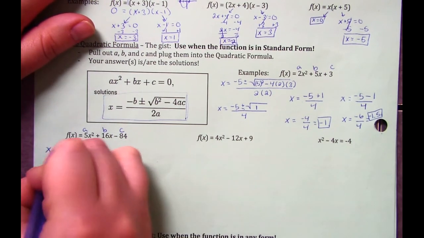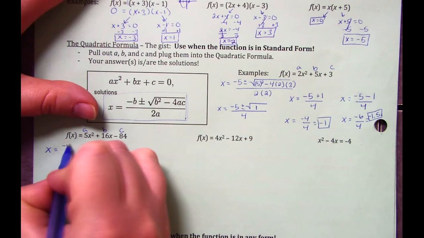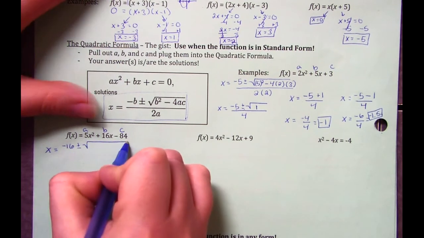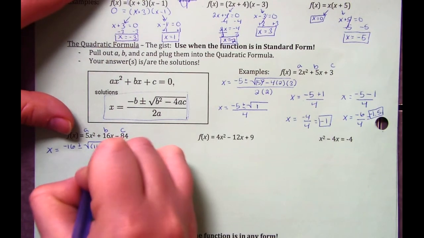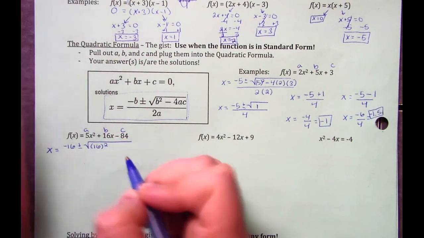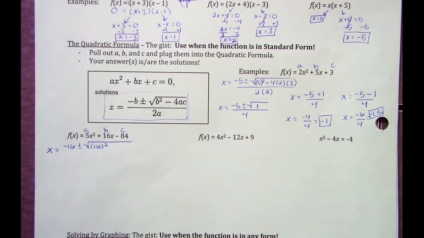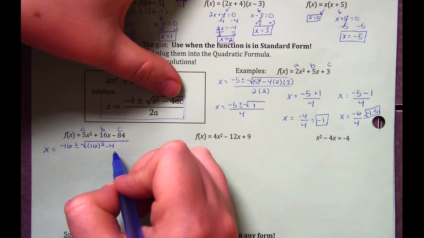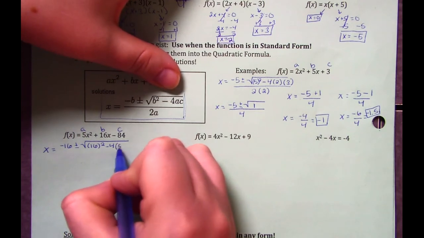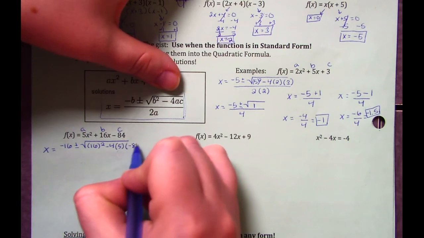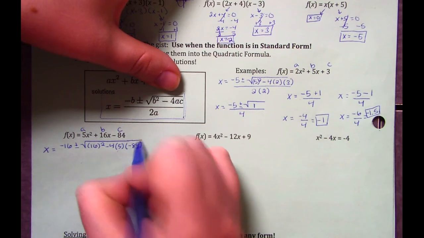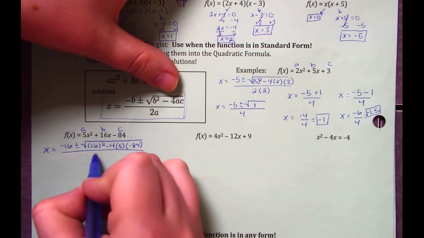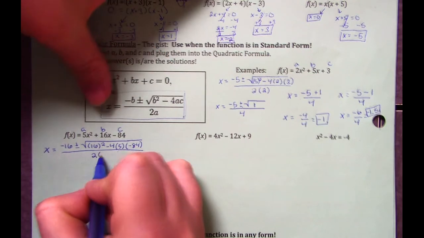So I have x equals the opposite of b, so negative 16, plus or minus the square root of 16 squared. And I'm going to put that in parentheses because that's going to help me if that's ever a negative number. Minus 4 times a, which is 5, times c, which is negative 84, all over 2a, which is 5.